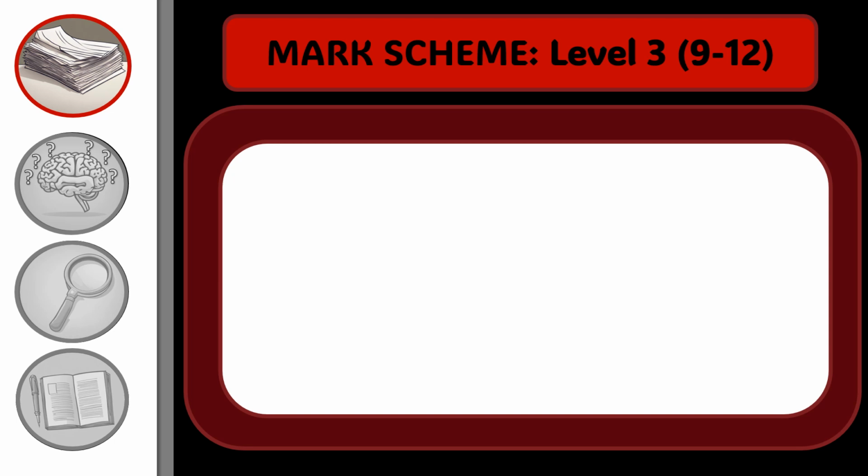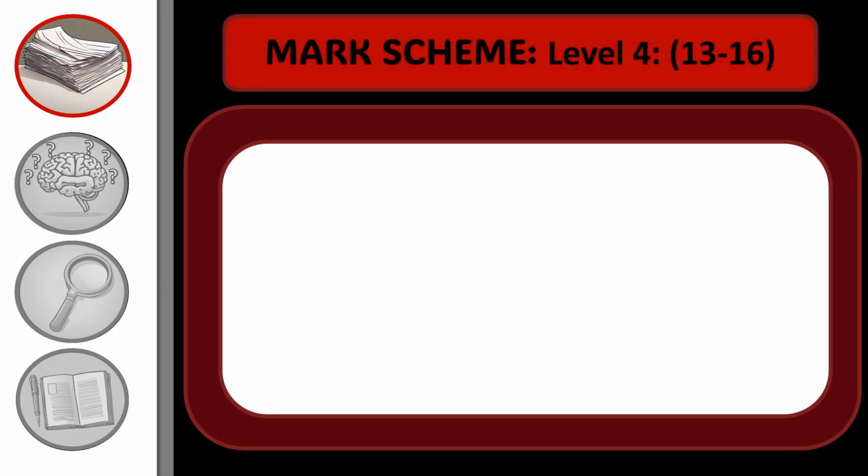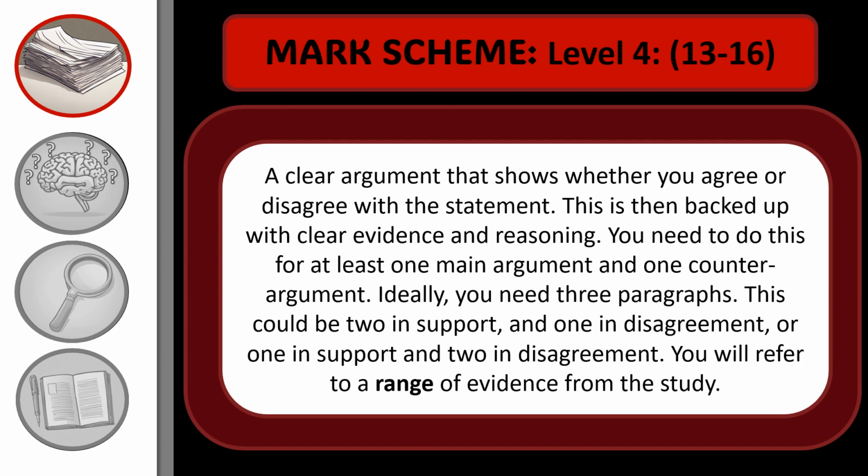To push yourself further to level 3, you need to write at least 2 developed main paragraphs, one that agrees with the statement and one that disagrees with the statement. Everything you write will need to be relevant to the question, and you will need to provide clear and accurate evidence from a range of examples. It's quite tricky to get into level 4, but in order to do so, you need to provide a clear, strong argument backed up with clear evidence and reasoning.